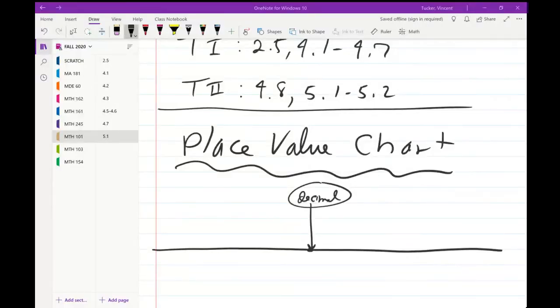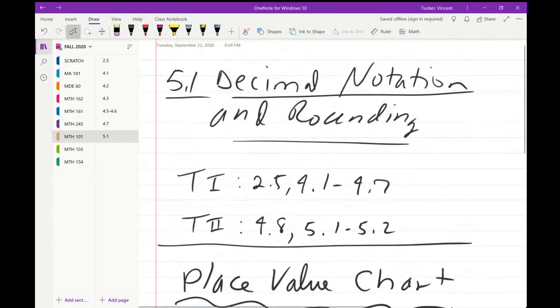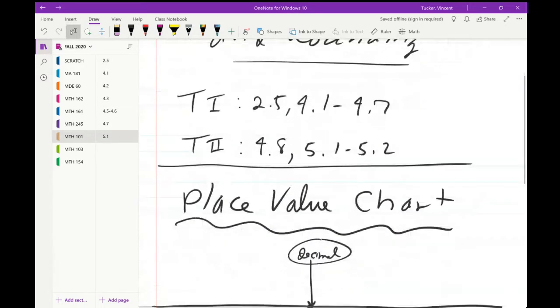Because I need to press record on this one. All right, so let's go back. Like I said, this is 5.1 decimal notation and rounding.